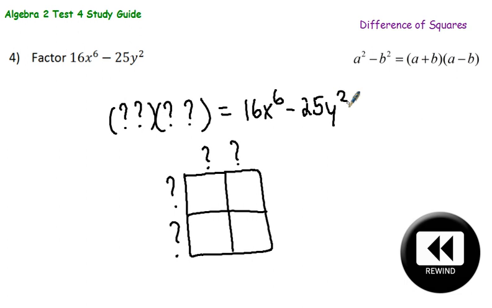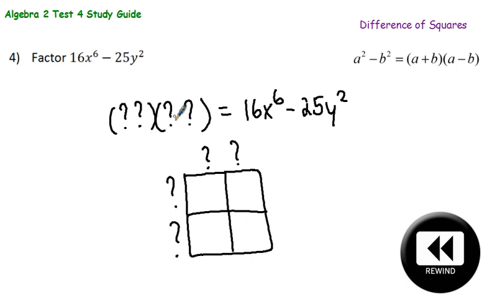So the reason why I have this rewind button over here is that's what factoring is. It's to go back and say, okay, before it was 16x to the 6th minus 25y squared, it looked different, right? So what did it look like before it got multiplied? Back when it was in parentheses. That's what we're trying to figure out. So we're just really doing the reverse.